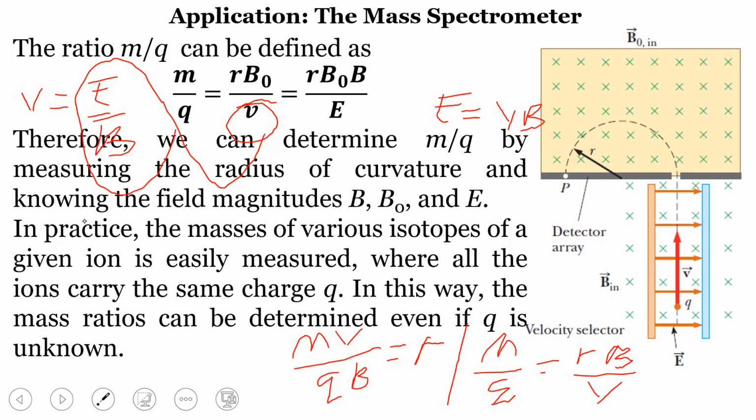This application is used to determine the masses of different isotopes. When you have different isotopes with similar charges, the difference is the mass. So at least you'll be able to know that you have different isotopes, and the ratio of their masses is easily determined.